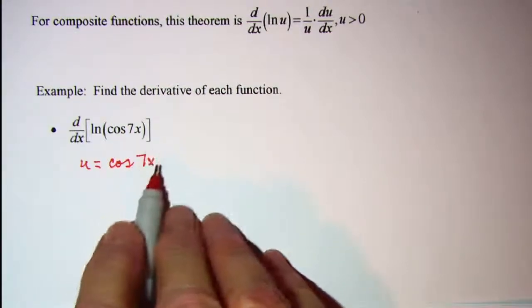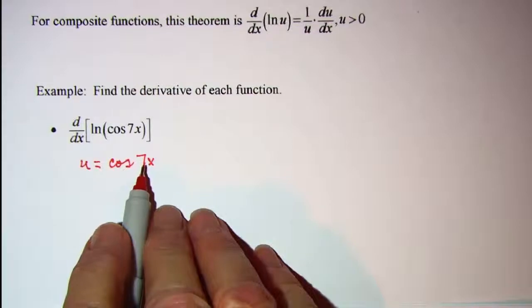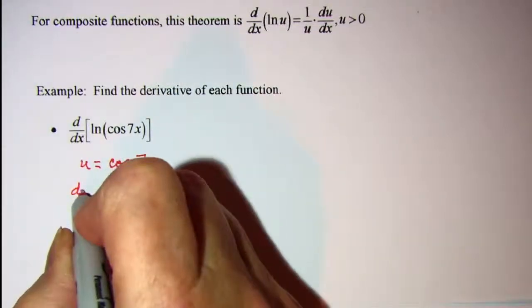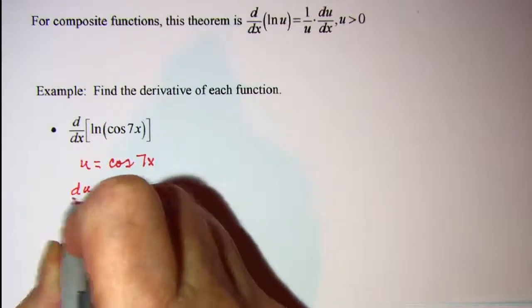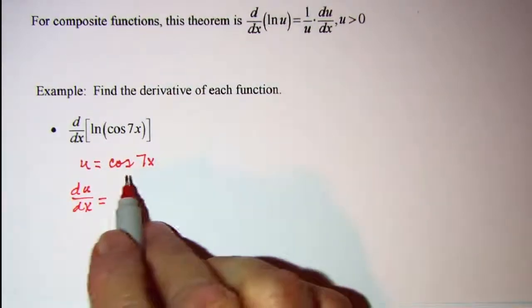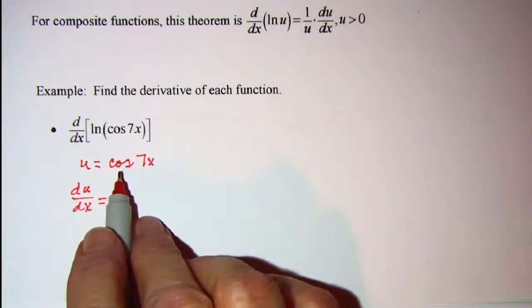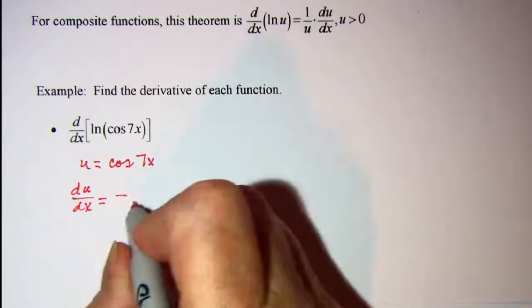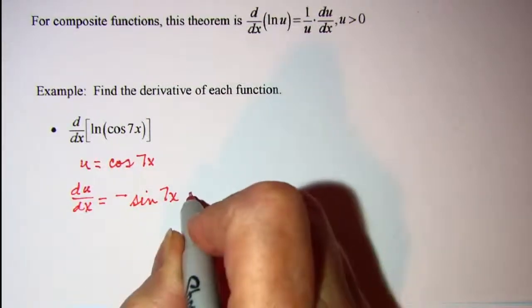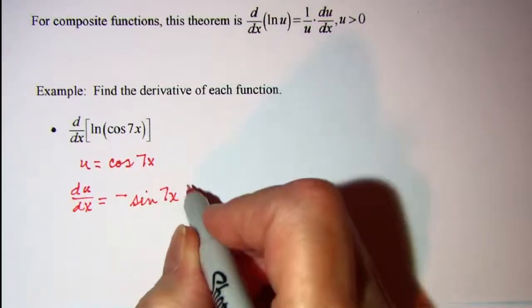The derivative of the argument is just 7, so the derivative of this expression then will be a negative sign multiplied by 7.